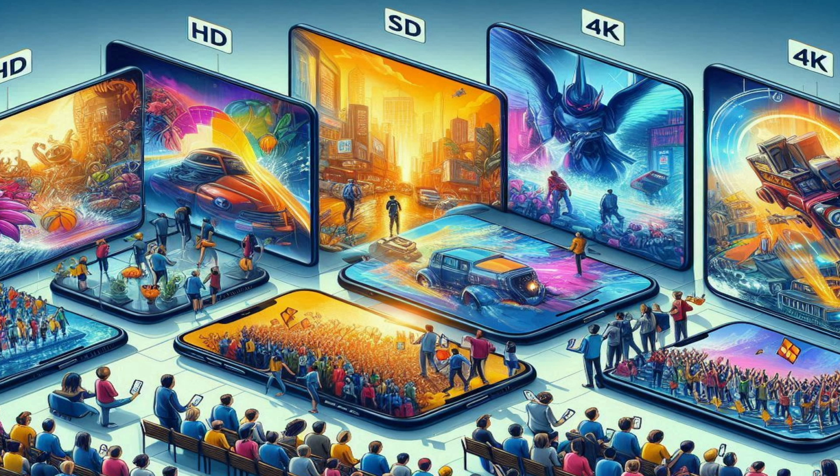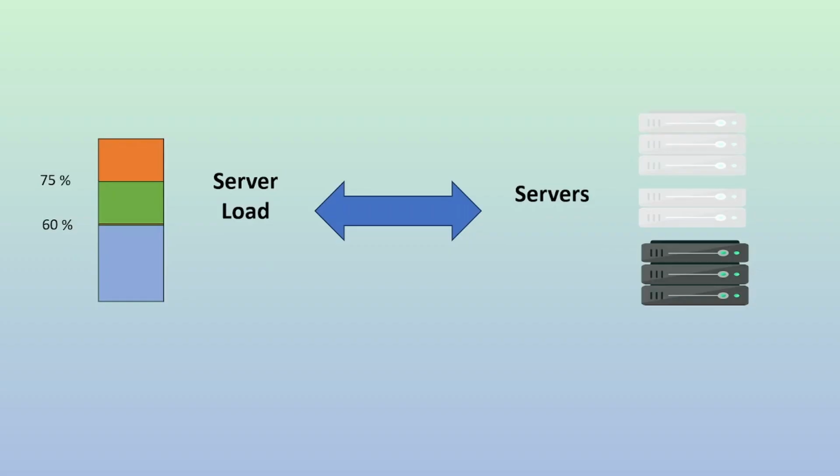If multiple users are watching the video in 4K, that is definitely a lot of additional load on the servers, which means you cannot just depend on the number of viewers to decide the number of servers. You may want to use a different metric, something like the load on your server or how much CPU of your server is being consumed.